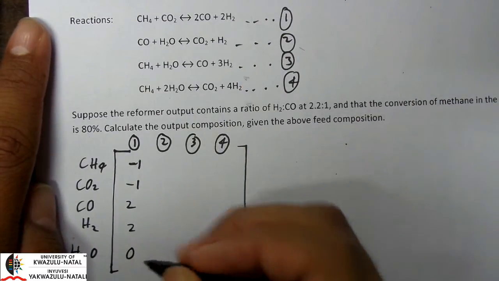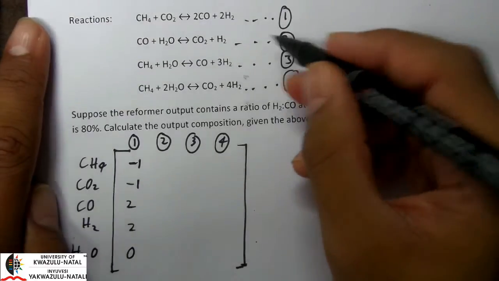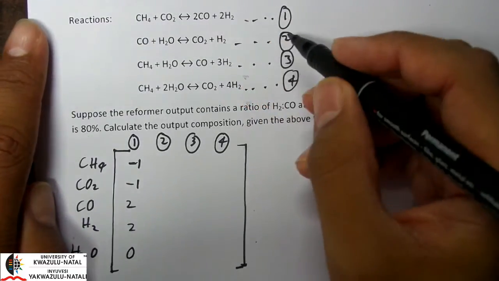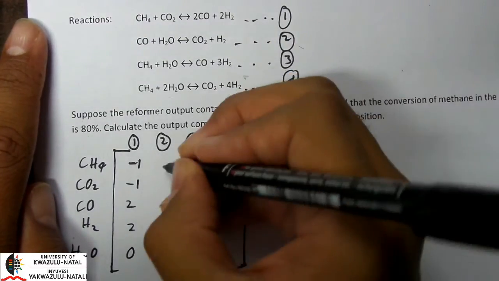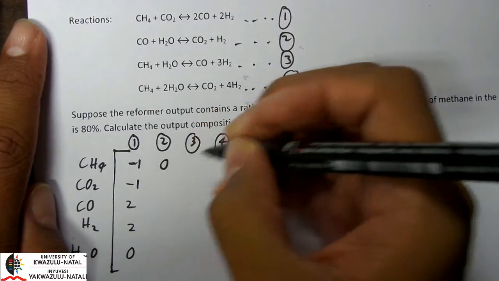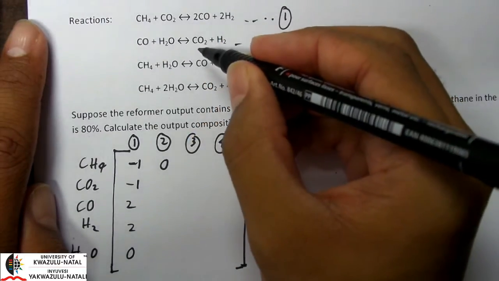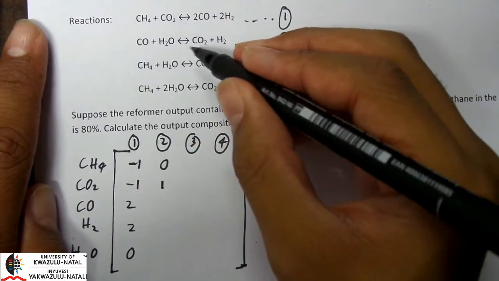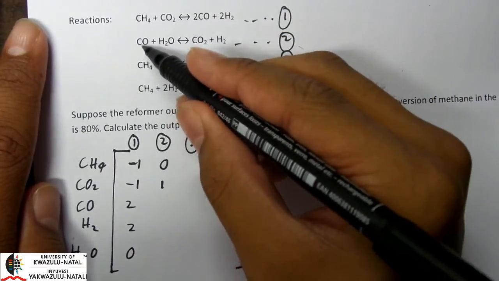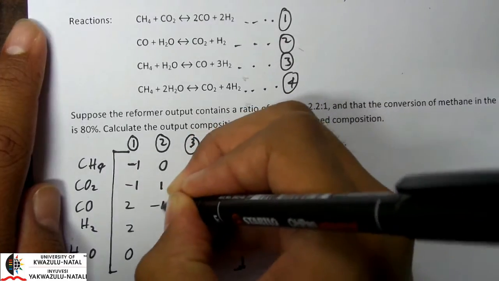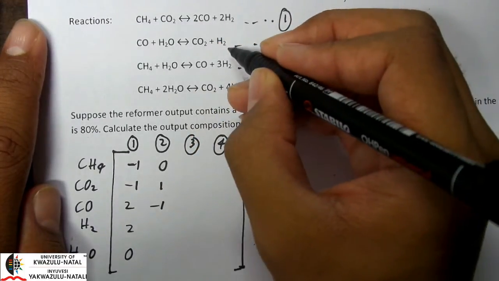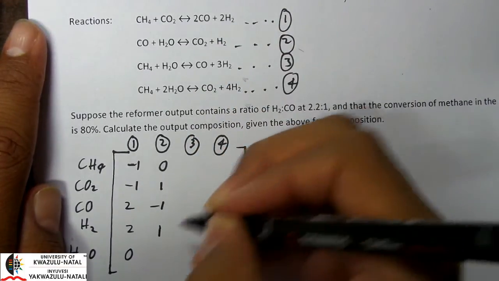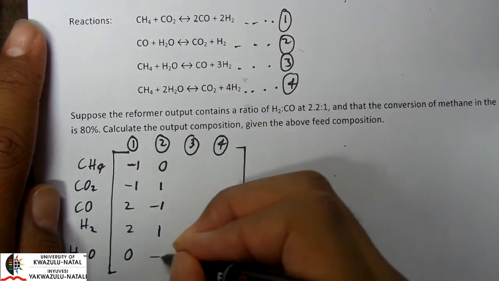Water doesn't participate. So in reaction 2, we have no methane. CO2 is a product. CO in this case is a reactant. H2 is a product. And water is a reactant.